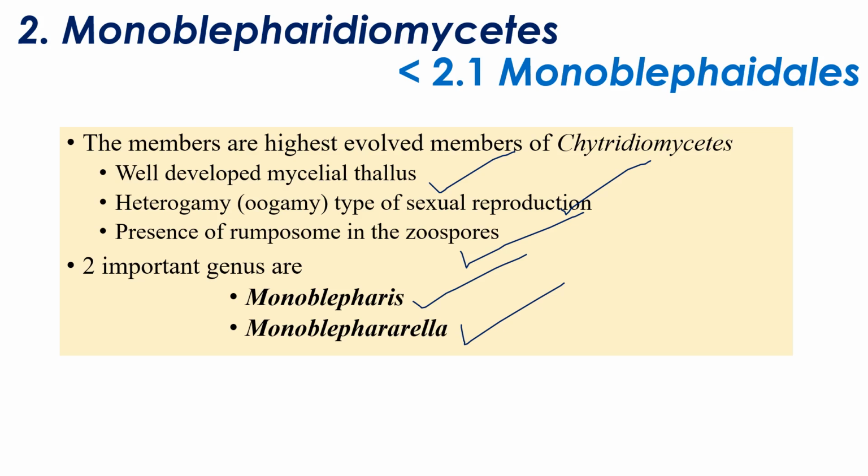Micro body lipid globule complexes, along with ribosomes, are present, and the important point is that rumposomes are present. What is this rumposome? We have already discussed it, some toothbrush or hairline kind of structures present in the flagella. These are some important features we take into consideration. This is all about Chytridiomycota.